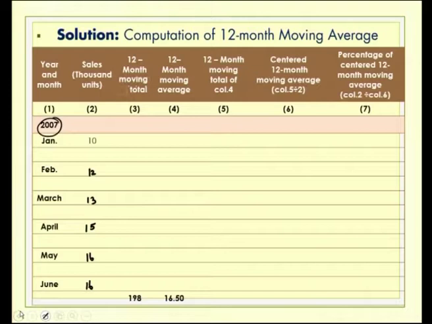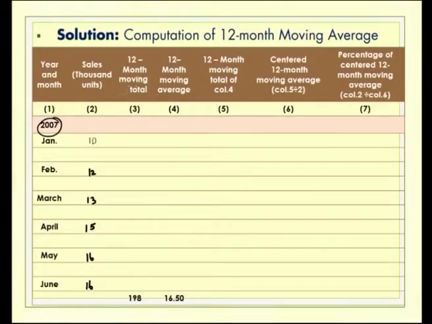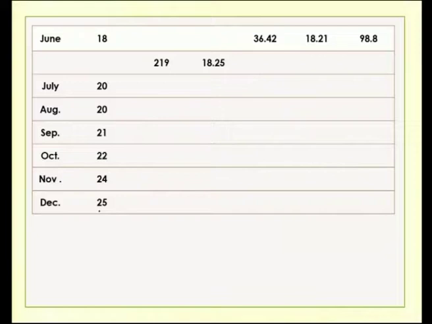Now, the 12-month moving total is written here, that is 198, the total of the first 12 values. Remember, 48 values are written vertically starting from 10 to 25.